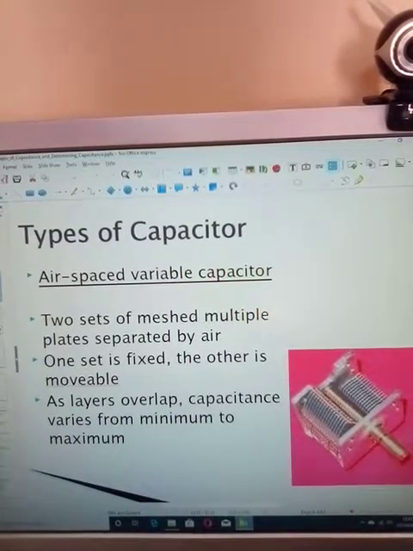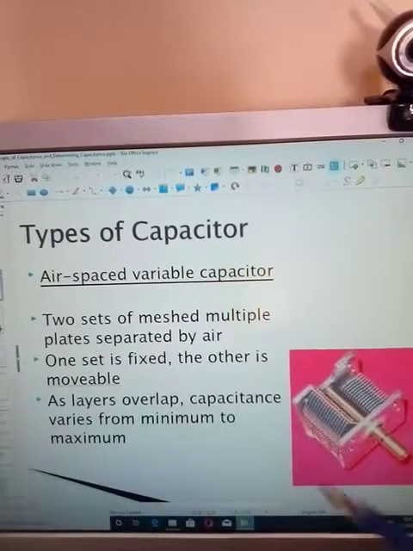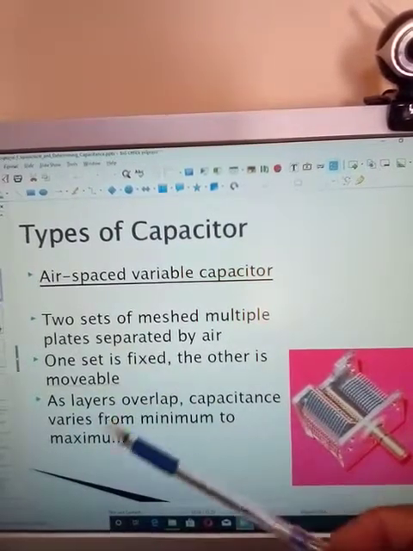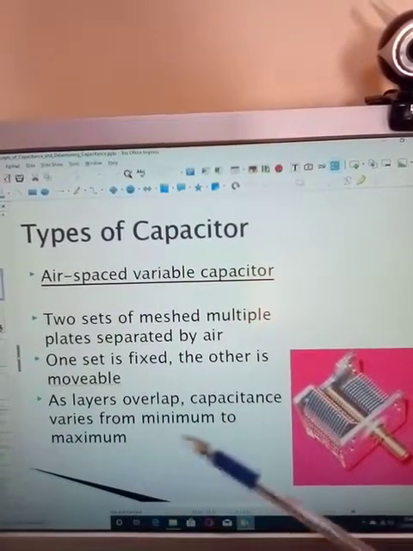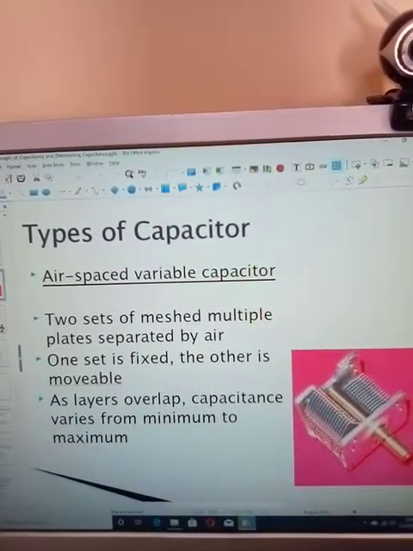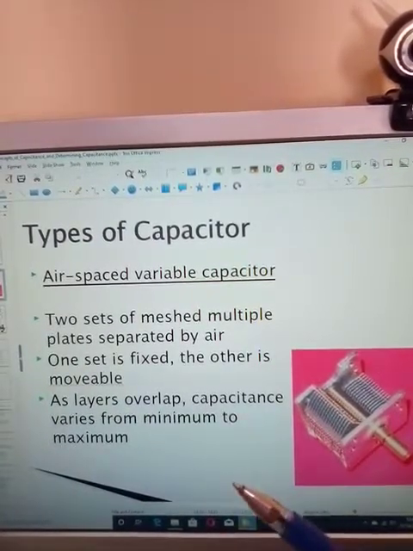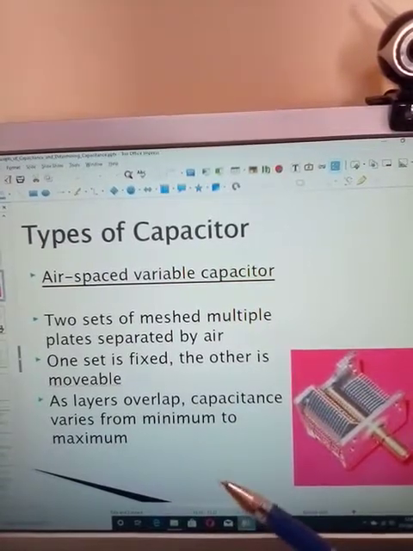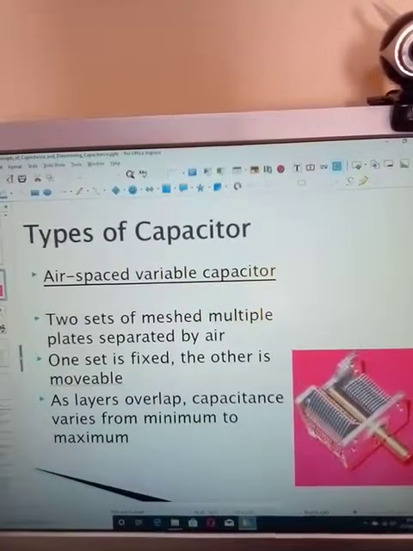That becomes your spindle. As the plates overlap, capacitance varies from minimum to maximum. And again, remember that a capacitor consists of plates. So if we fix one plate and allow the other one to be movable, we can change the capacitance of that circuit.